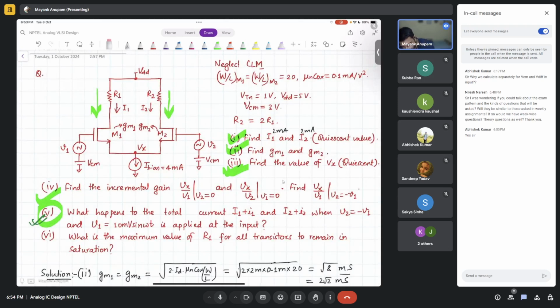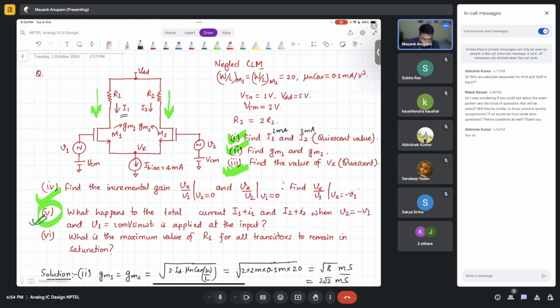This is I. The total current that is going to flow in this branch and this branch will be some bias current I1 plus small i1, the small signal current, and in the same way in the second branch also.